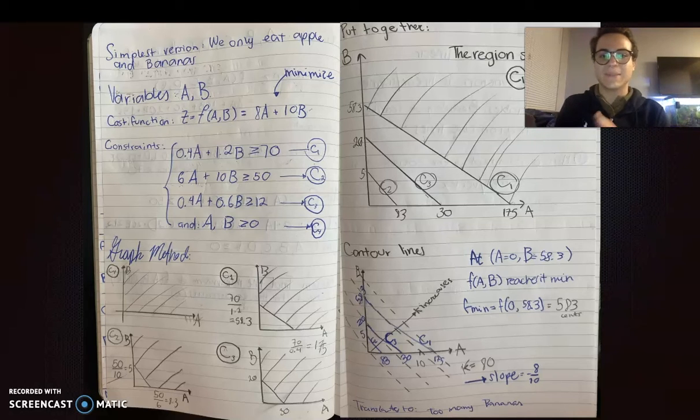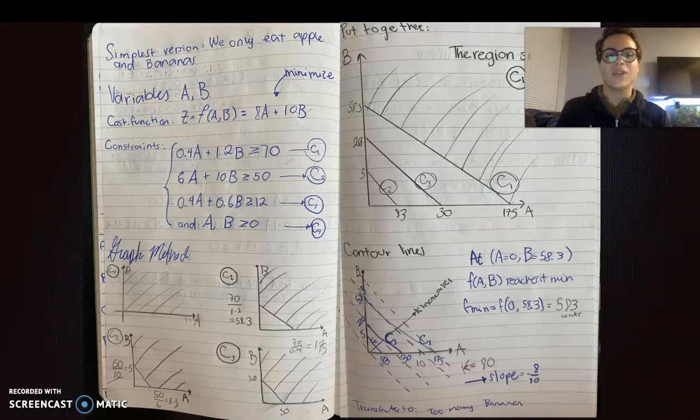This is the minimum. We can easily read it by looking at the graph, where the line is at the minimum 58.3 and goes all the way up to 175 in A. So we see how K has increased through every one of these lines for it to be accepted for all the other constraints.